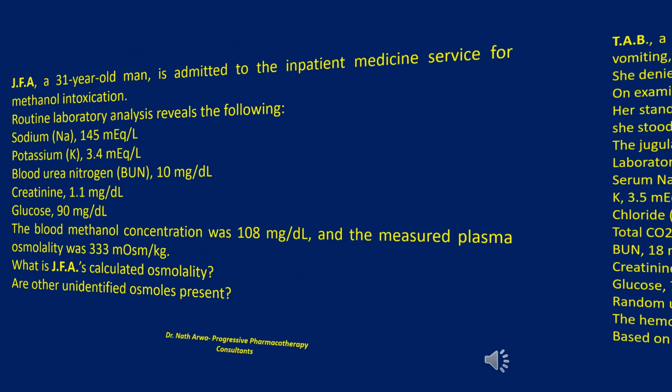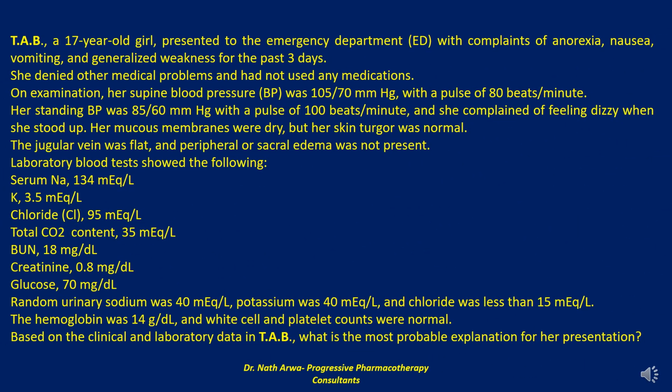TAB, a 17-year-old girl, presented to the emergency department with complaints of anorexia, nausea, vomiting, and generalized weakness for the past 3 days. She denied other medical problems and had not used any medications. On examination, her supine blood pressure was 105 systolic 70 diastolic, with a pulse of 80 beats per minute.